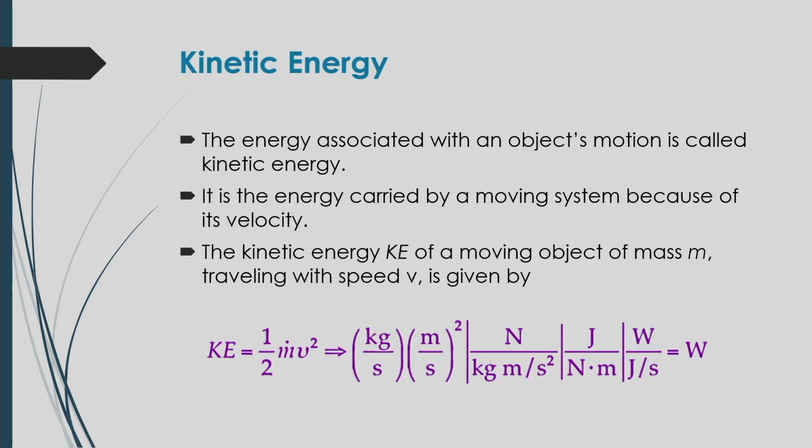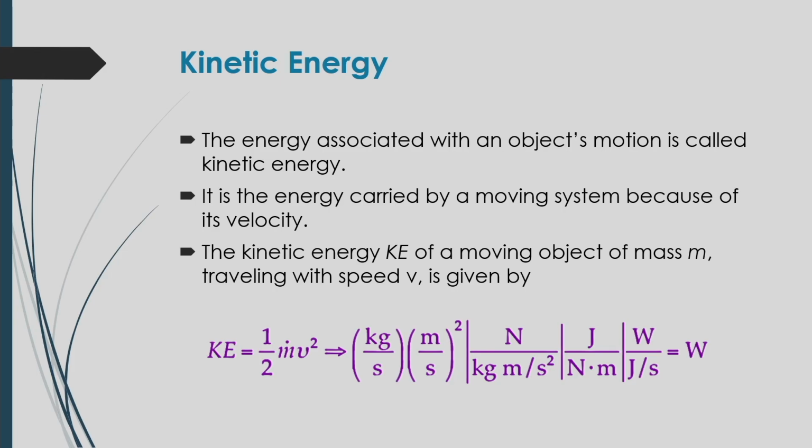Let us talk about the different forms of energy and how they can be calculated. Now, we actually describe different forms of energy like kinetic energy, potential energy, internal energy, heat energy, electrical energy, all those. So, what is kinetic energy?